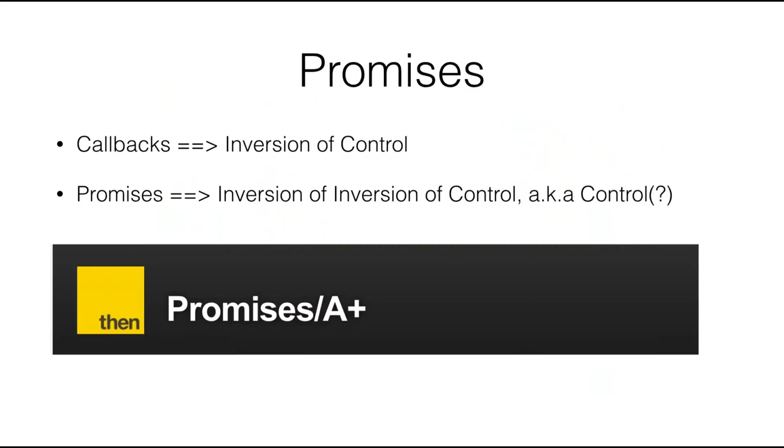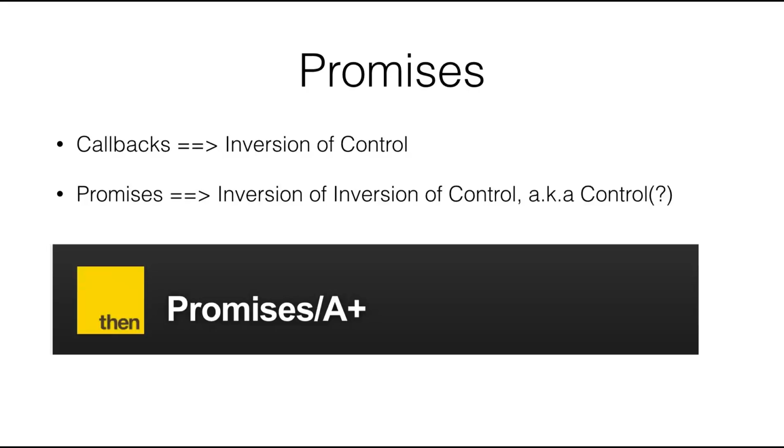So the next thing, going to what you were saying earlier, is promises, right? Promises are going to become one of the biggest building blocks in ES6. What callbacks give you is an inversion of control, especially when you're working with external libraries. For example, a credit card company, something that's going to charge a credit card for you.